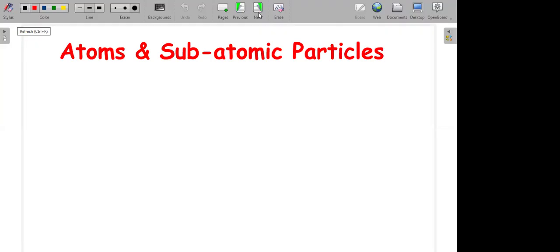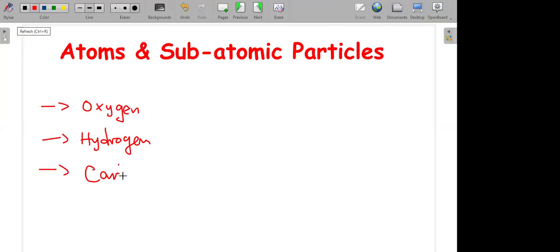Examples of these elements, or in other words, atoms, are oxygen, hydrogen, and carbon. These three here are enough.